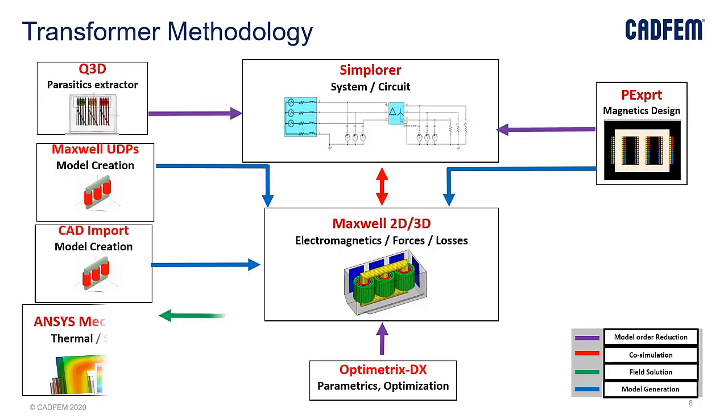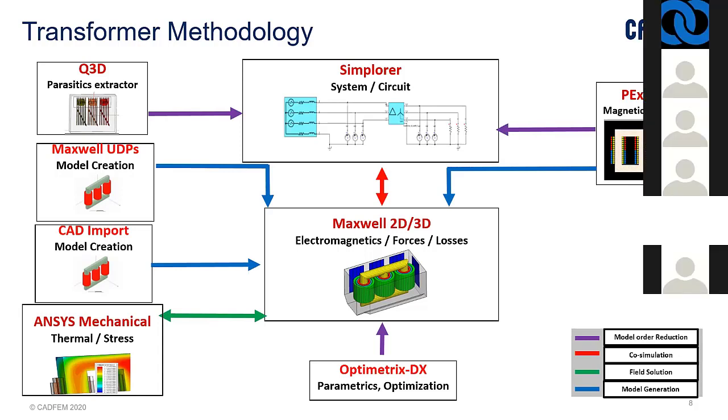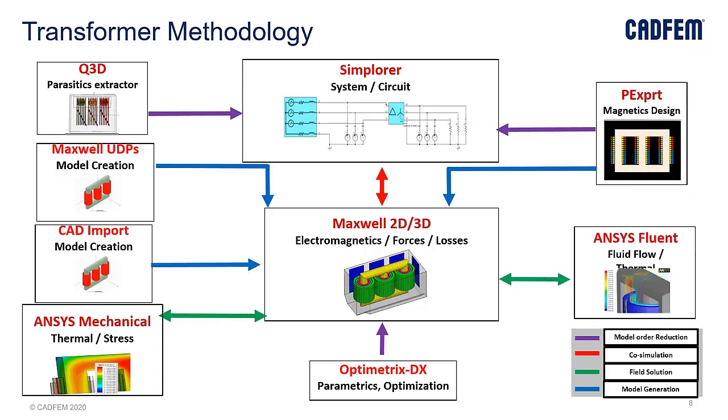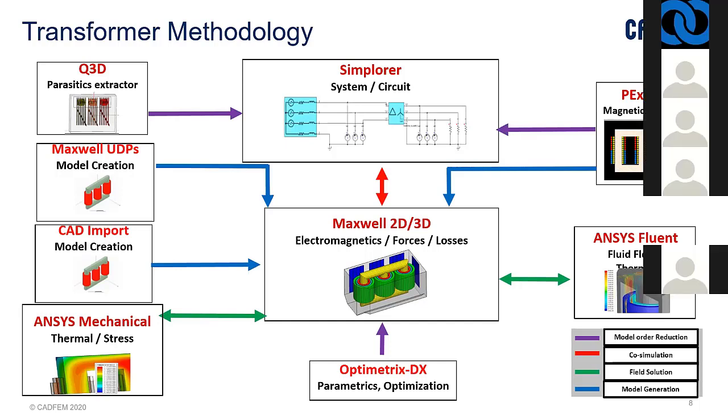And finally, you can see the integrations between the other solvers with respect to the Maxwell to understand the parasitics in the bus bars of transformers. And you can see in the bottom, there is a coupling from Ansys Maxwell to Ansys Mechanical to understand the structural behavior of the transformer, as well as the temperature under natural phenomena. And if there is a fluid inside the transformers, and you would like to see the fluid behavior and the temperature with respect to that fluid behavior, we can use the Ansys Fluent solution to address the complete problem. Hand over to Tanaku.